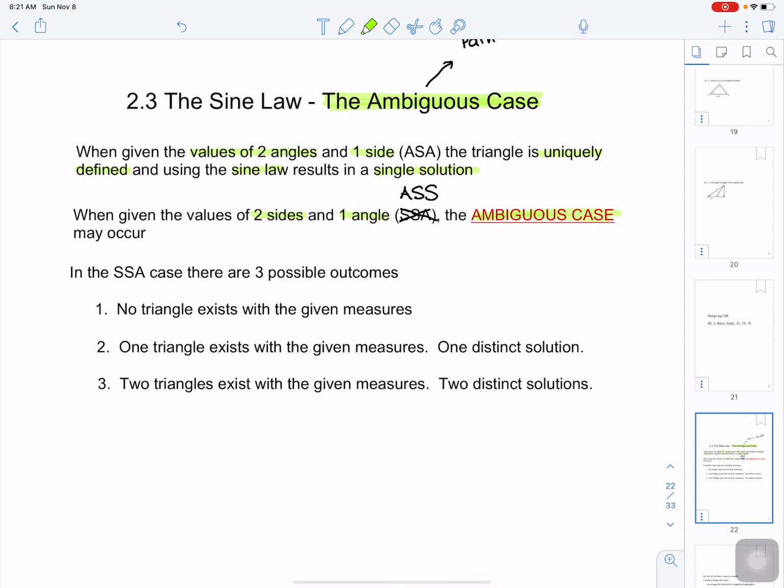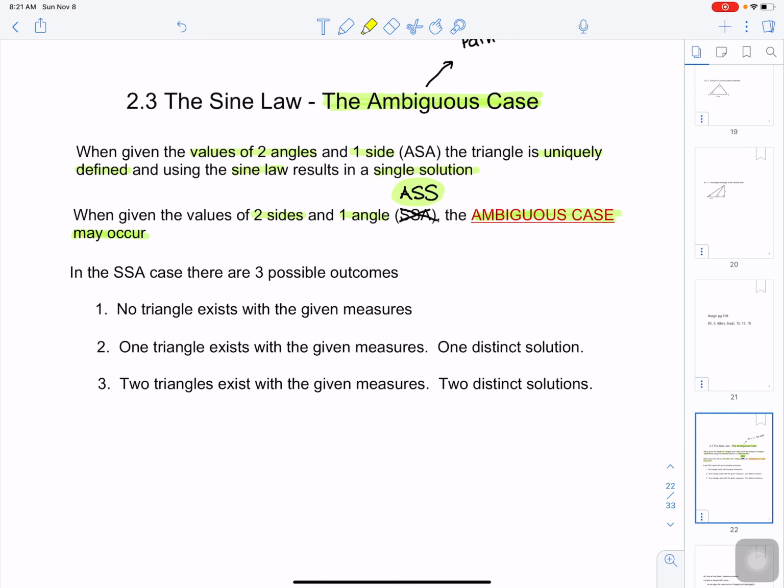It's the ambiguous case potentially happening, and we're going to go through in the lesson about when this ambiguous case will occur. But when you see a triangle that is this ass triangle, just remember it's going to be a pain in your butt, okay?